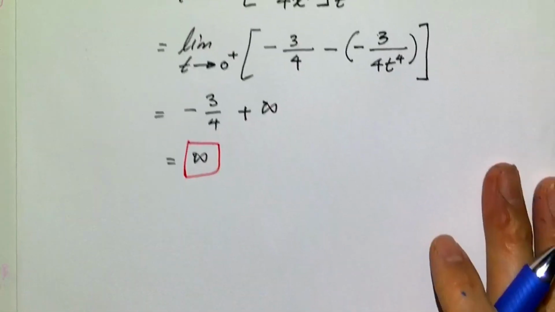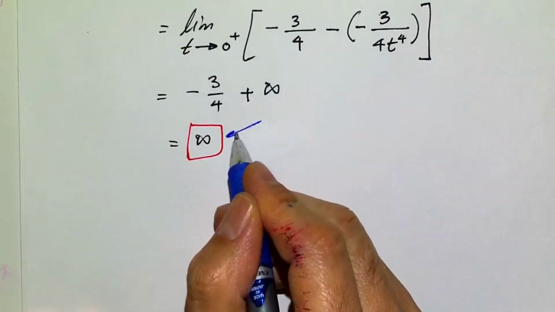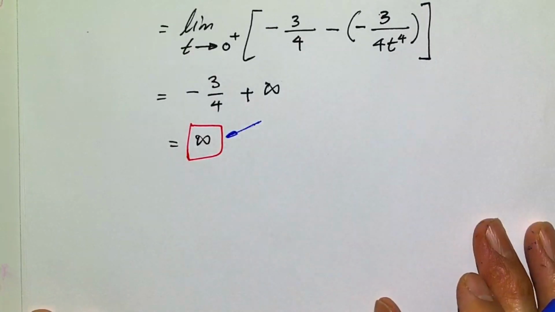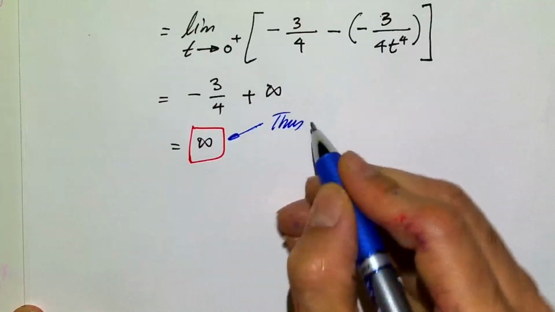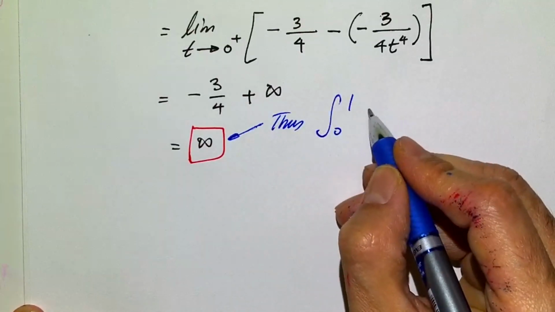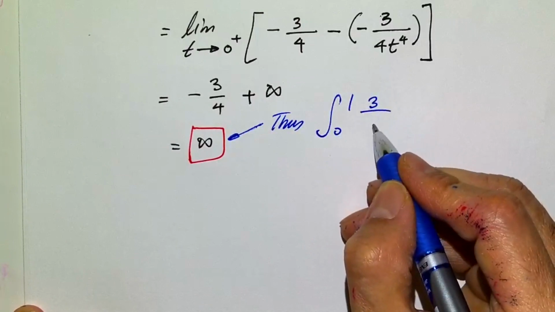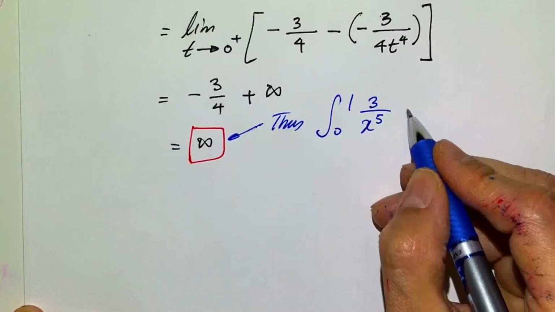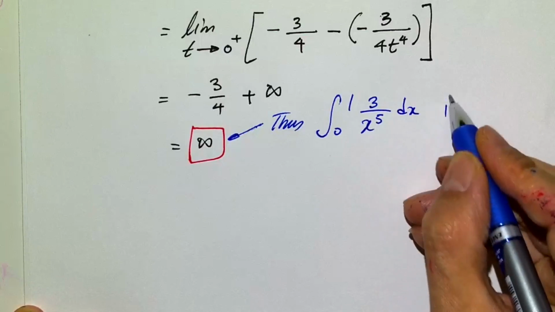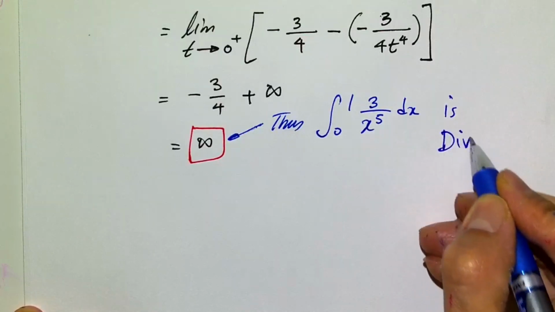Because of that, among all the examples we've done, this is the first divergent case. Thus the integral from 0 to 1 of 3 over x to the 5th dx is divergent.